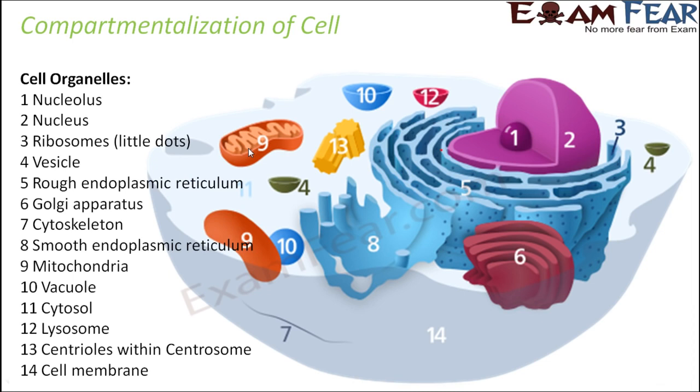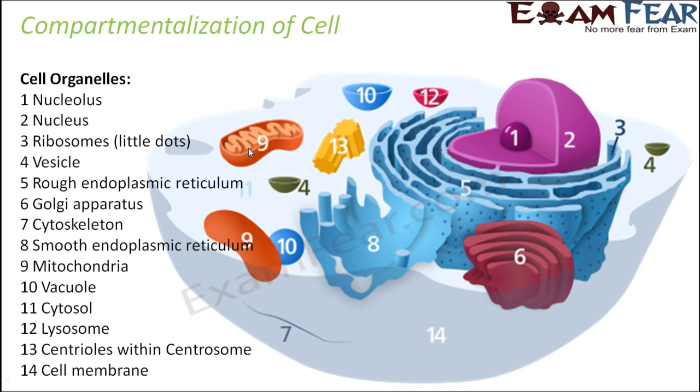Surprising, right? And interesting as well. So science is a mystery. You have a lot of things to get into, or you can get into any depth you want as far as science is concerned. Okay, so now we will talk about each of these organelles a little later.